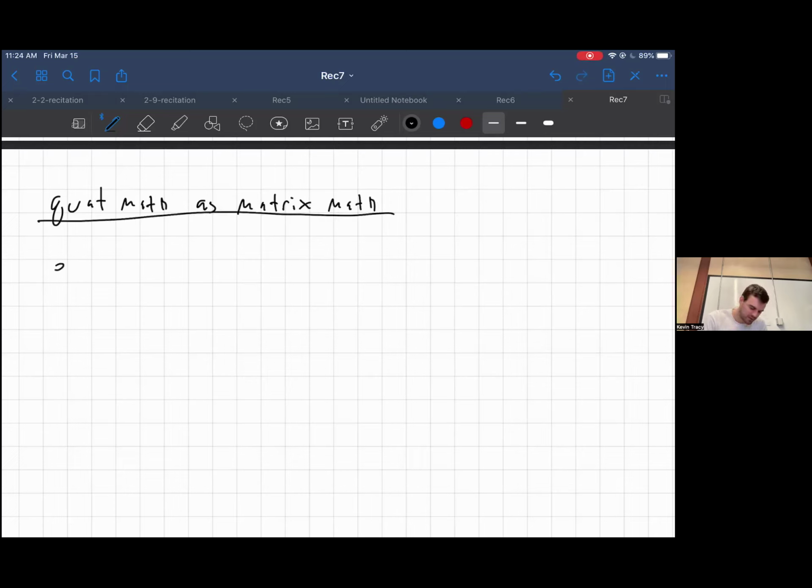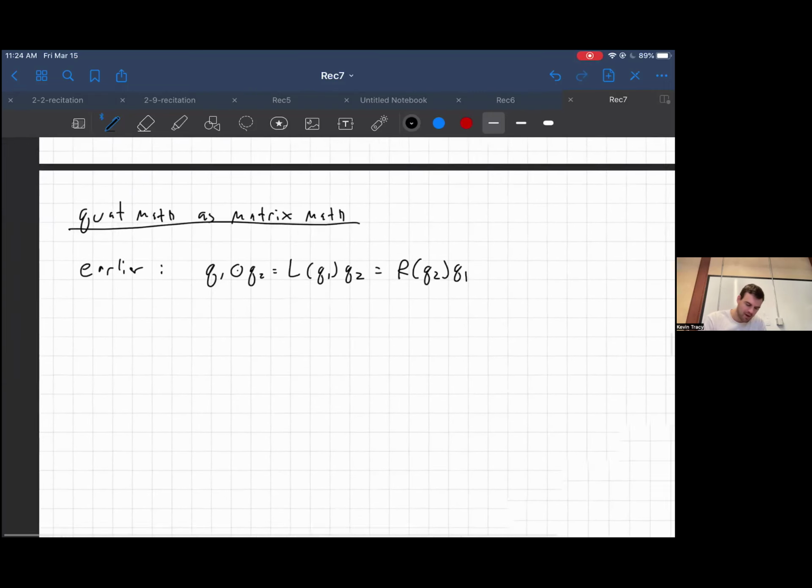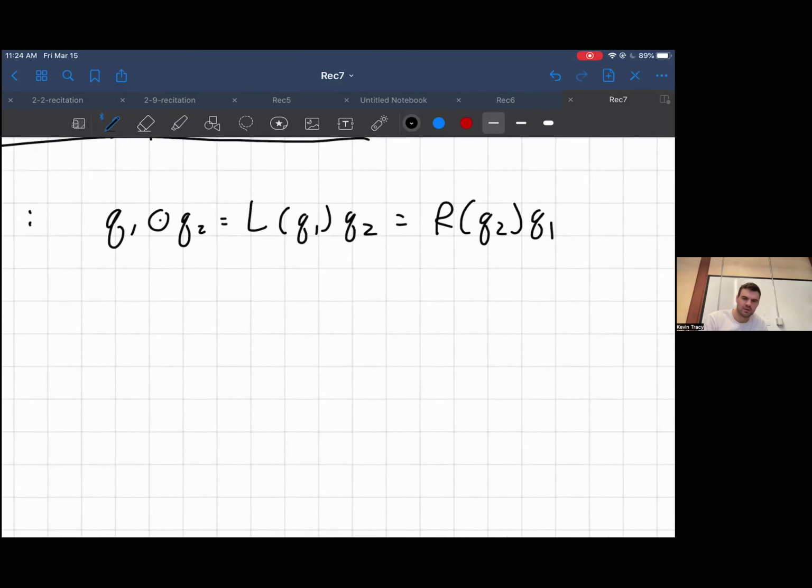So earlier we did Q1 times Q2 equals L of Q1 times Q2, or I can equivalently do R of Q2 times Q1. And another thing we learned is that I can do a quaternion conjugate just by doing scalar, negative vector.